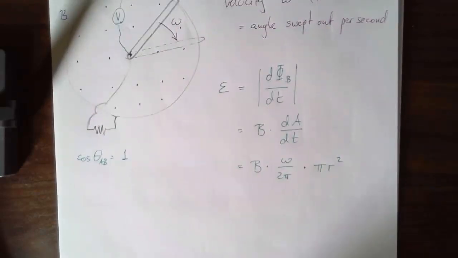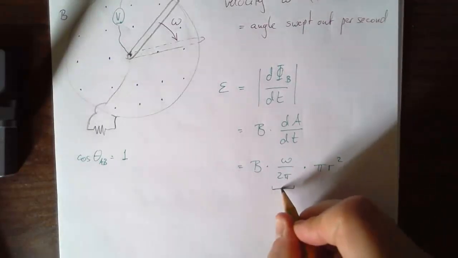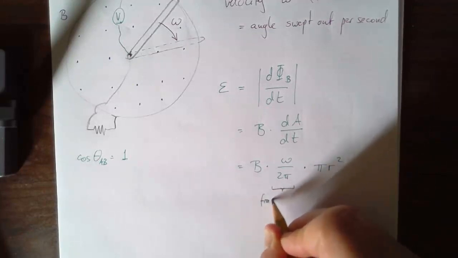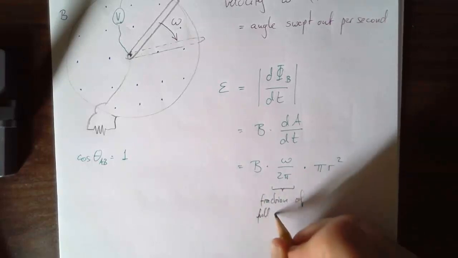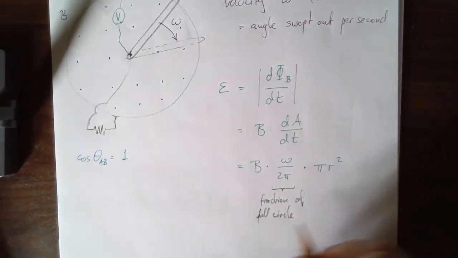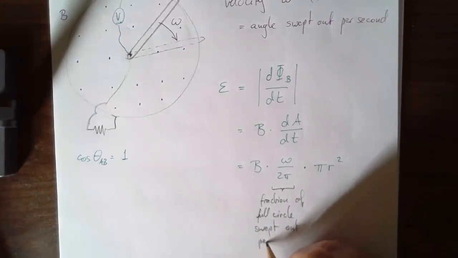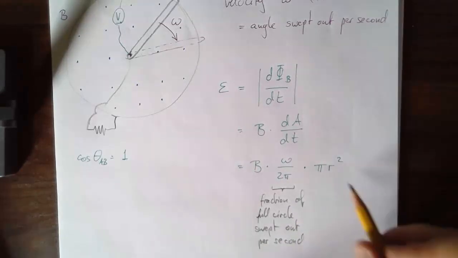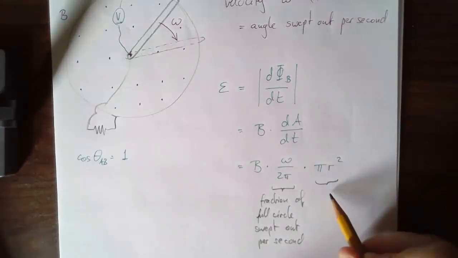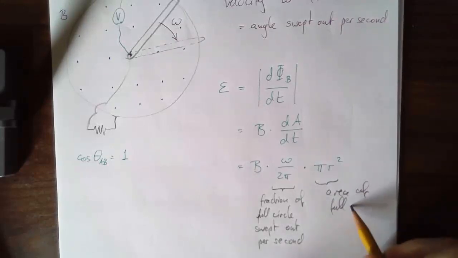So let me annotate this a little bit, so it makes sense to you. This thing here is the fraction of full circle swept out per second, because omega is defined as an angle per second, and this one here is the area of the full circle.